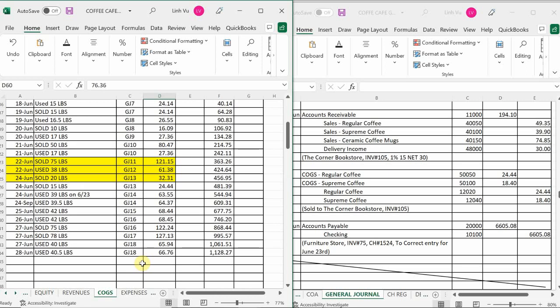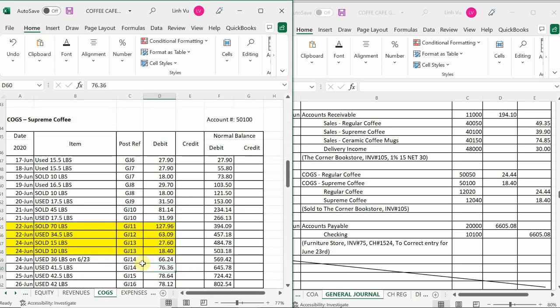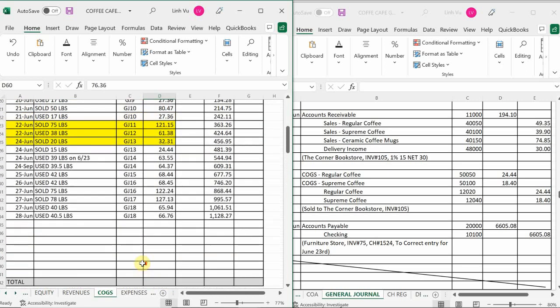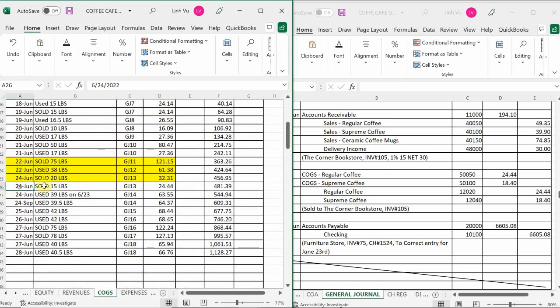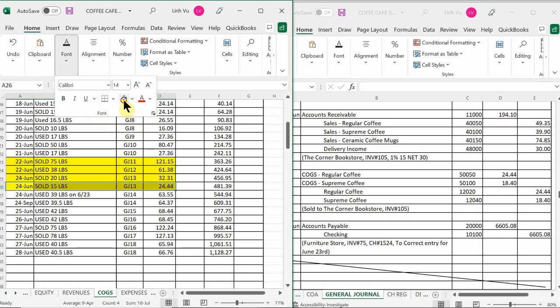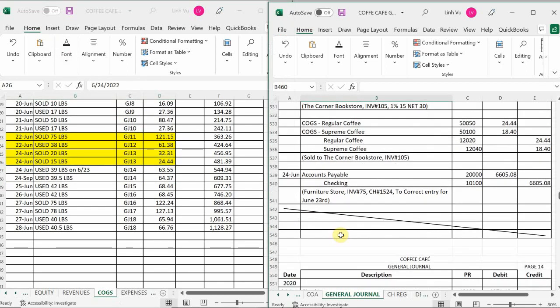Huh. 1, 2, 3. 1, 2, 3. Oh, okay. I guess I accidentally. So, okay, then we got accounts payable checking. Okay. For the 6605. 660508.